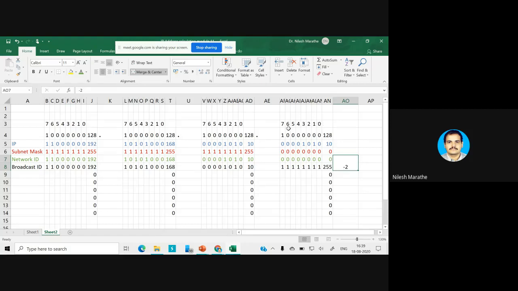So how many total addresses are here? Total is 256, 0 to 255. So here I have 256 address space, and the available host space is 254. Is this clear?